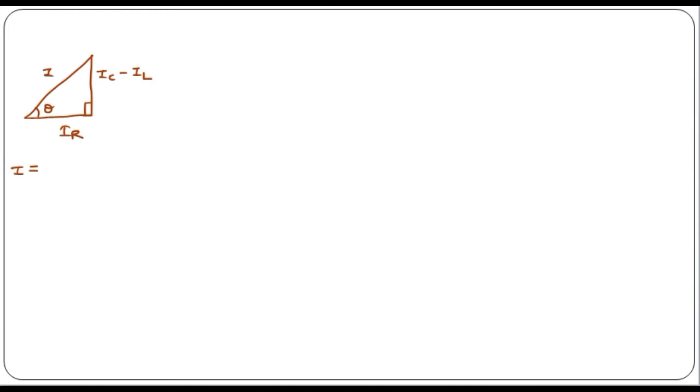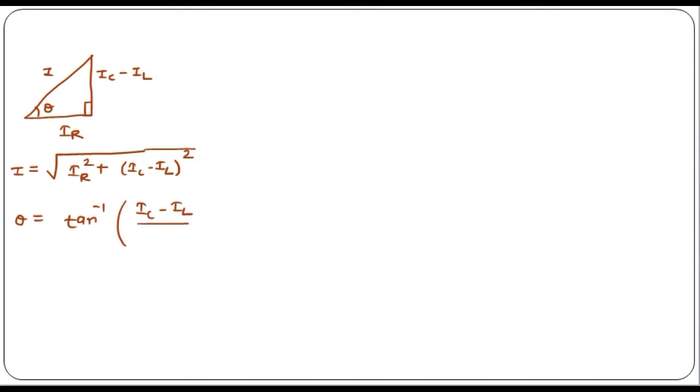Then by the Pythagoras theorem, this I current will be equal to square root of IR square plus (IC minus IL) whole square, and this theta angle is given by tan inverse of (IC minus IL) by IR, and the power factor, which is cos theta, is given by IR by I.